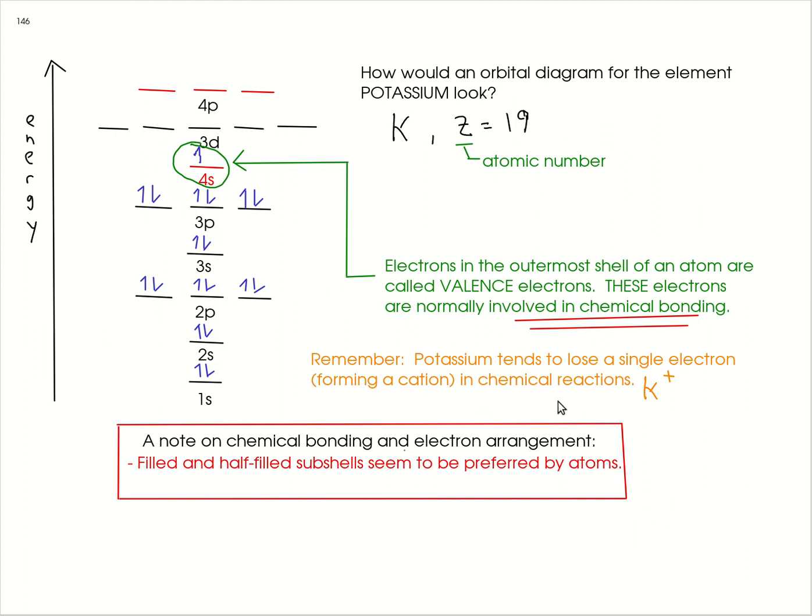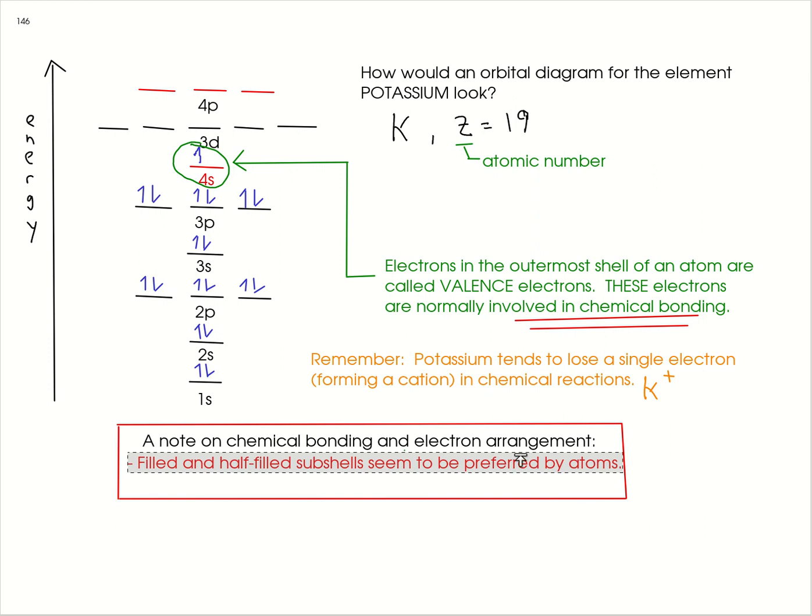Now, I'll go ahead and tell you something about what kind of things the outer shell tends to do. We observe, and we'll explain why this is a little bit later, that atoms seem to prefer filled or half-filled subshells if they can get it. They prefer filled, but particularly for the larger subshells that will contain a lot of electrons, they will sometimes be satisfied with a half-full subshell if it's a large one.